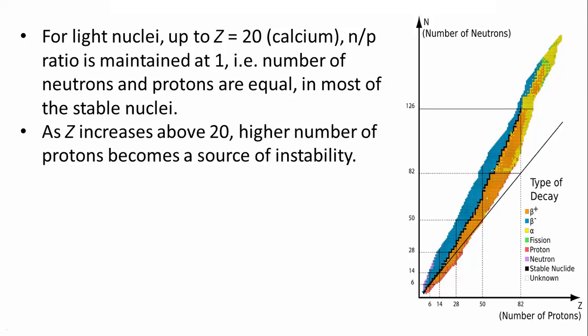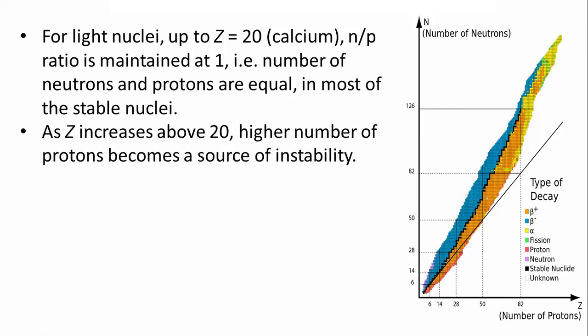What is the reason behind this? When you increase the atomic number above 20, the higher number of protons becomes a source of instability. Why? Because protons have a positive charge, there is more repulsion between the protons, so the nuclides become unstable.